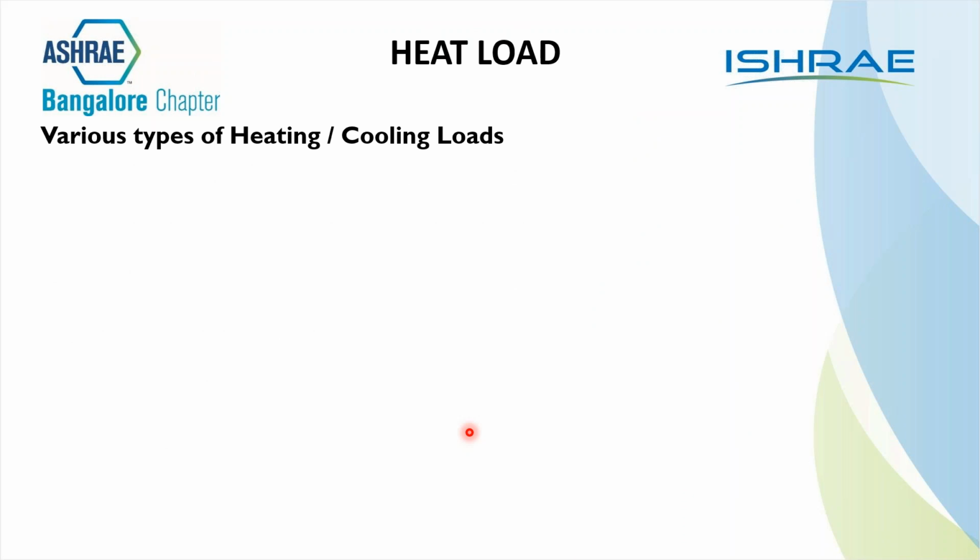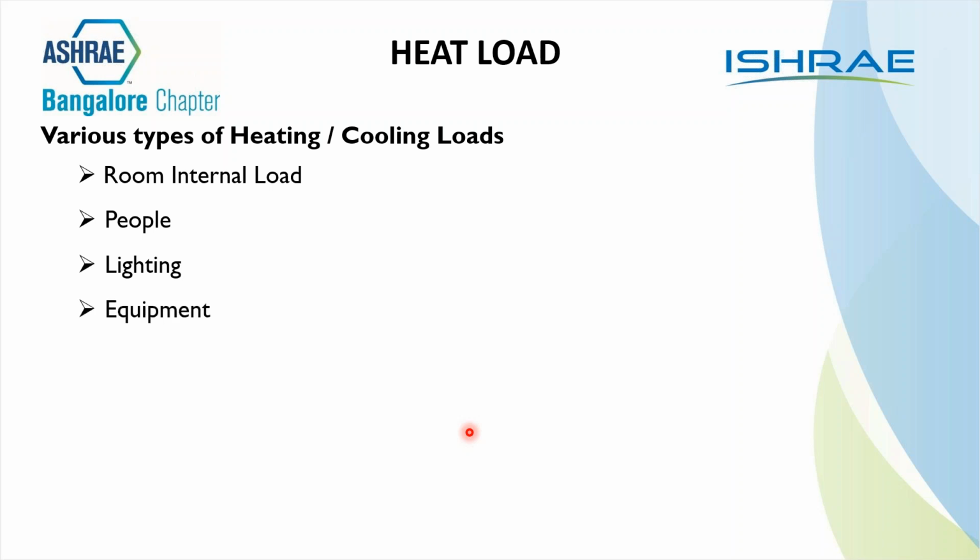Then, what are the various types of heating loads and cooling loads? There is a room internal load. That means everything that is there in the room should be considered: the people inside the room, then lighting inside the room, equipment. Let us say you may have a PC or lab equipment or whatever it is. Then infiltration load. Infiltration load is nothing but air coming through your door gaps or window gaps, etc. Then the system gain load.